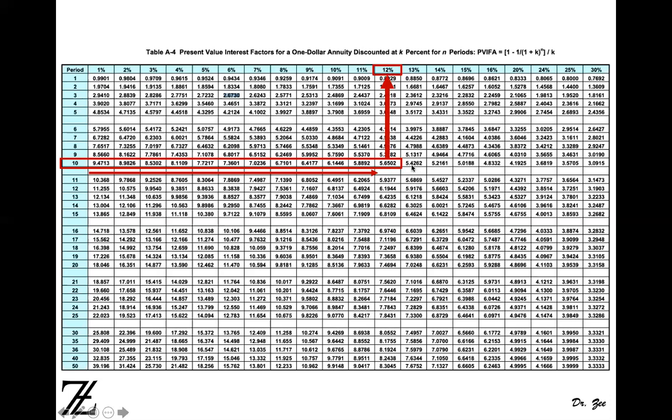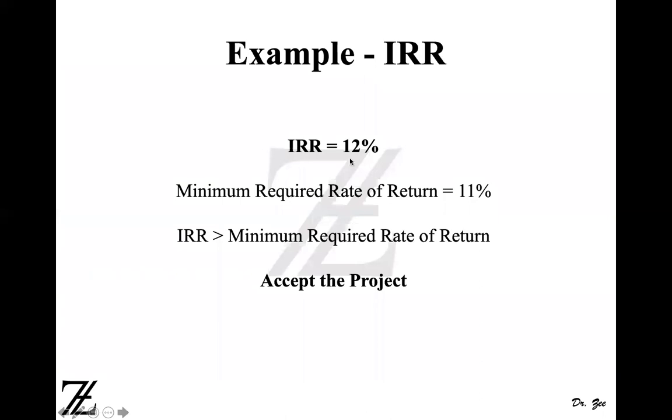If the next number 5.4262 was a closer number, then you should have chosen 13%, right? So if you don't find the exact number right here in the factor, then you choose whichever number is closest to the factor that you have found, and then you choose that as an IRR. So in this case is 12%.